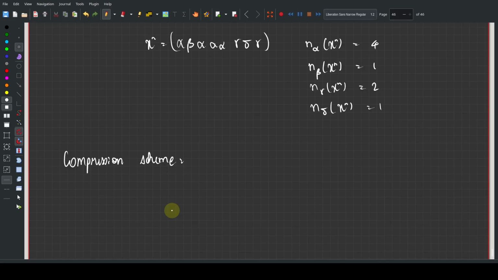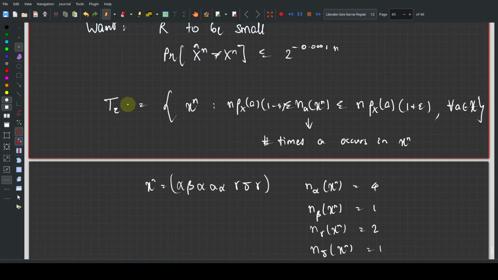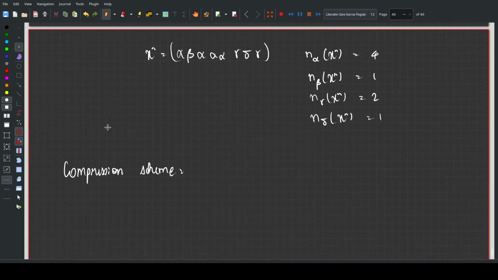I list down all possible sequences in this set T epsilon. And for each of these, I assign a unique binary string. How many binary strings do I need to assign? Or how many bits do I need to represent all the strings in this particular set? Correct. So log base 2.